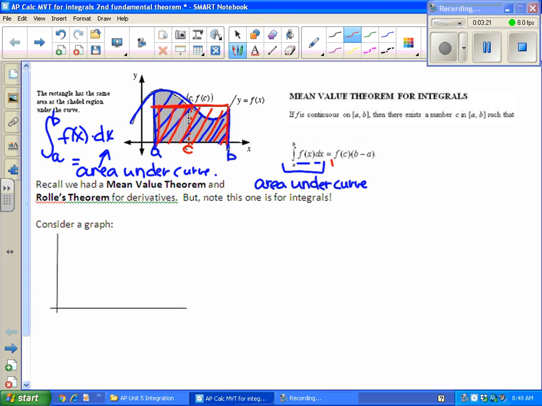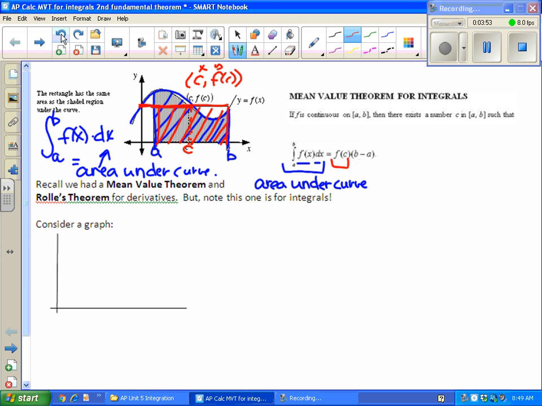Do you see an f of c? That f of c is like my y value, because this is the point c comma f of c, which is kind of like an x and a y. So c is really another x value, and f of c is the function at c, or it's like a y. Does that make sense if I call that the height?